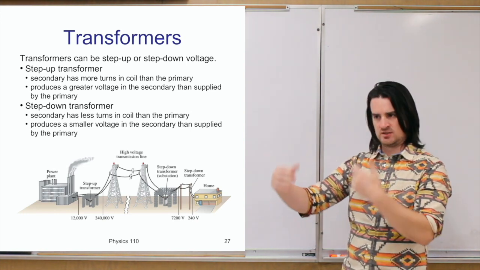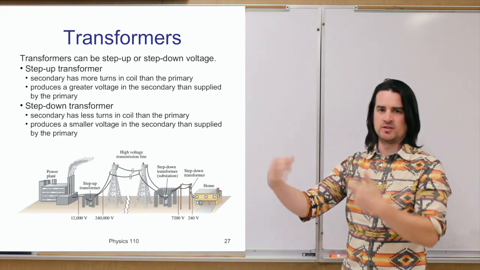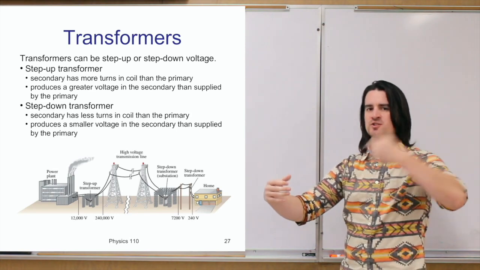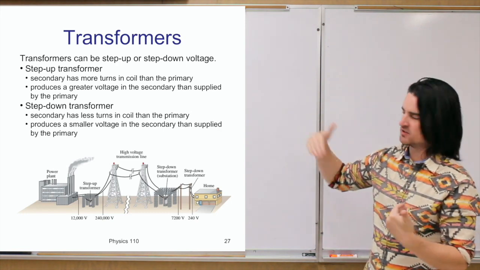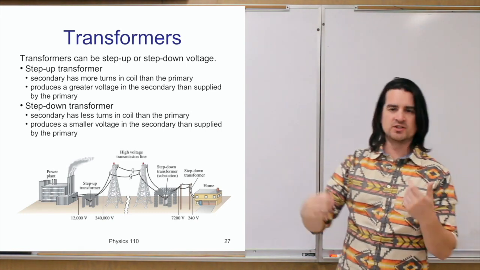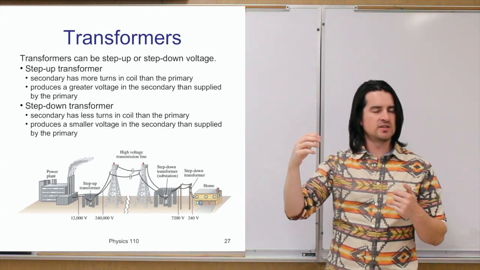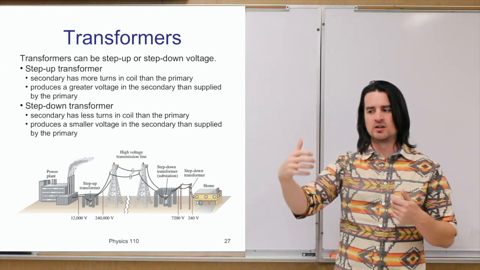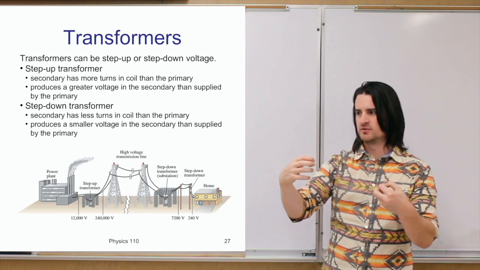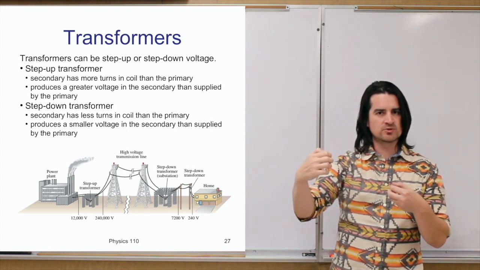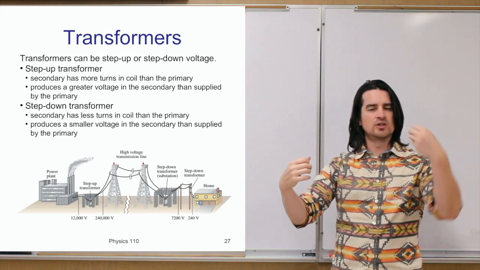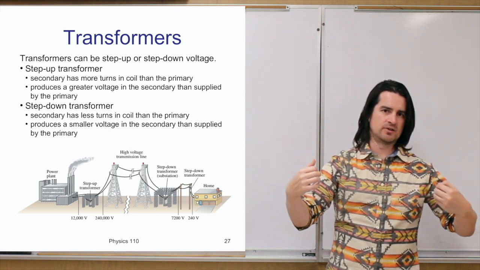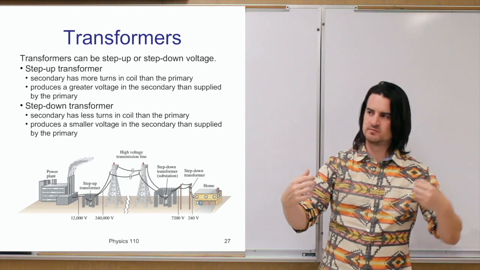And the ratio of the number of loops will say how much you step up that voltage. Similarly, or I guess contrarily, the step-down transformer is one where the loops in the primary coil, the first coil, are more than the loops in the secondary coil. So if you have more loops in the first coil, where the current is flowing in, then you'll get a lower voltage on the secondary coil, where you're inducing that current.